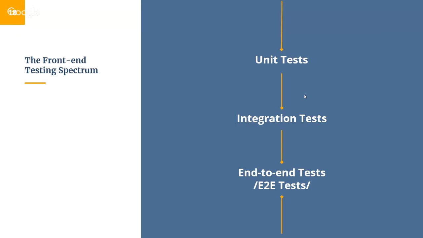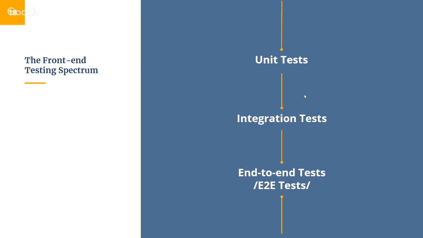The next part of the spectrum is taken up by integration tests, and this is the category of tests that comprises all tests that are not unit tests and are not end-to-end tests. So we can have accessibility tests, CSS and linting tests, all of them are integration tests, and they test out a specific interaction between two units of our code.